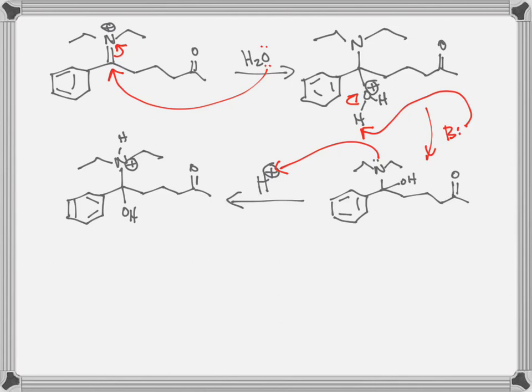So the next step that happens is the neutral amine leaves.